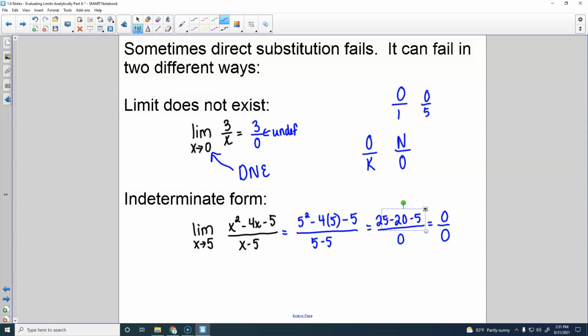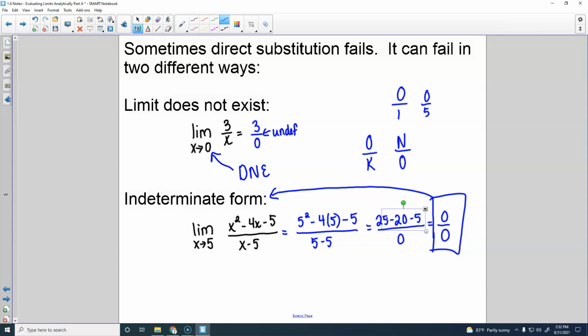Yeah. So, in this particular case, though, if we get a number over 0, it's undefined, we say the limit does not exist. If we get 0 over 0, this is what we call the indeterminate form. And it is what it sounds like, indeterminate.